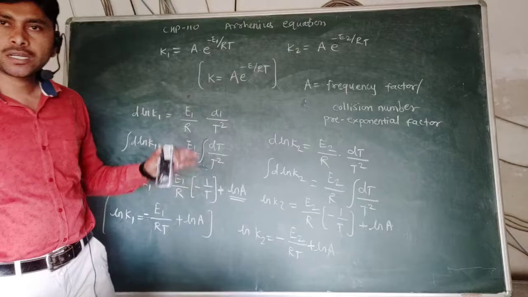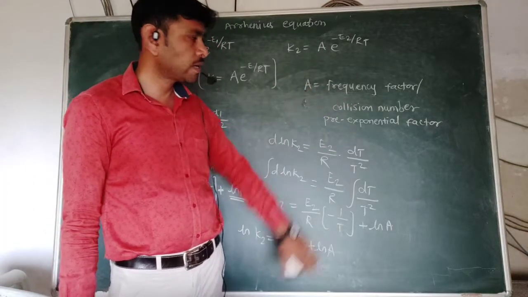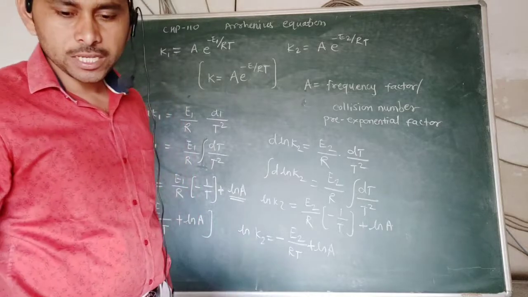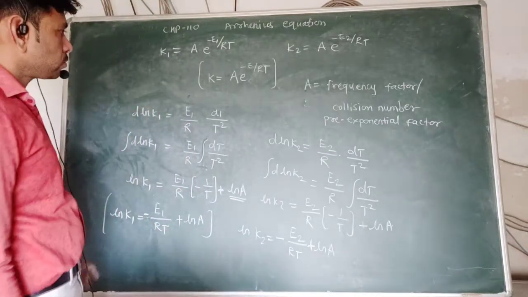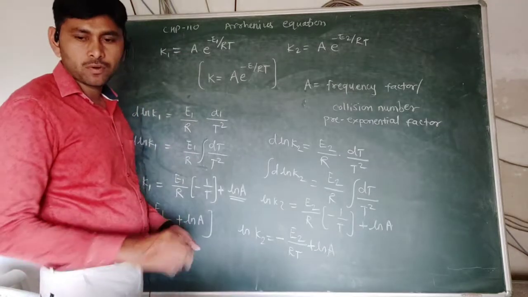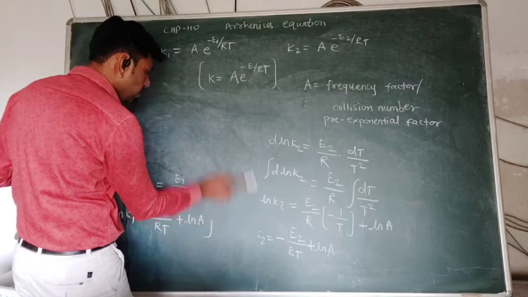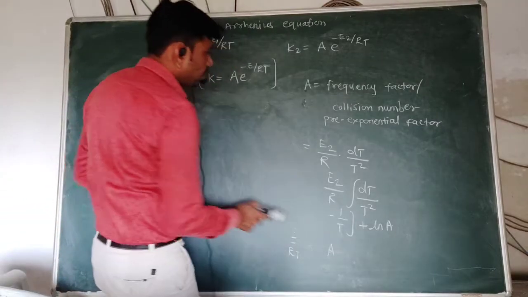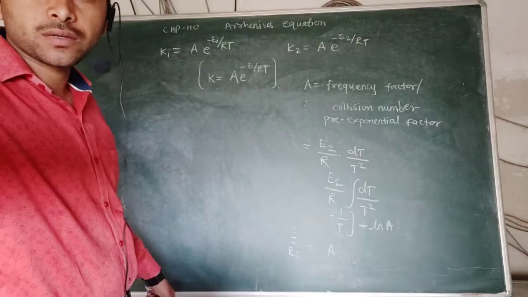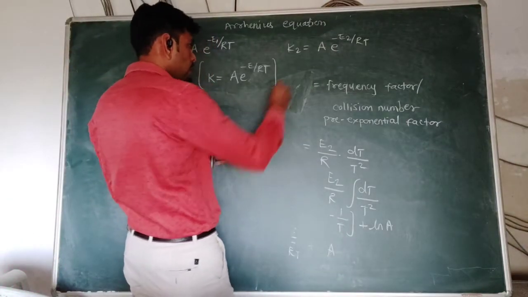So frequency factor or collision number A, or pre-exponential factor, is one of the forms of the Arrhenius equation.